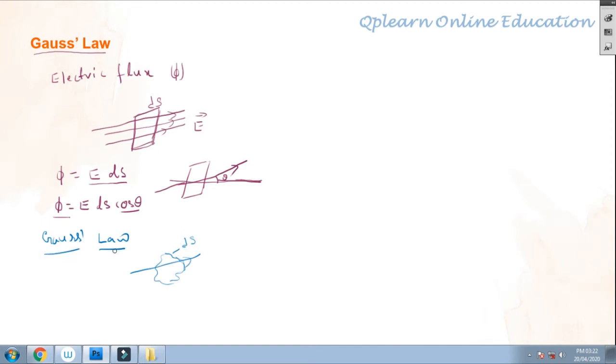According to Gauss law, carefully listen, the outward flux, this symbol you know is flux, the outward flux in a closed surface area.